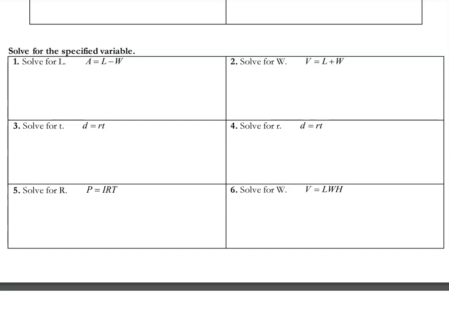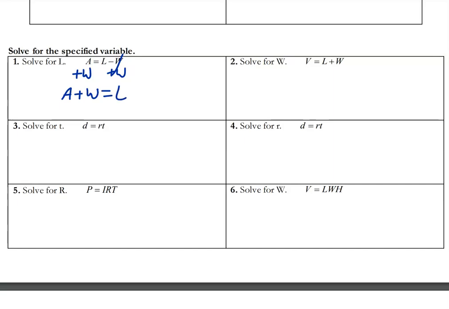You're trying to get L by itself. This time W is subtracting from L. So if I want to get rid of W, I'm going to have to do the opposite, which means I'm going to have to add W to both sides. Then that cancels this out. So now I just have A plus W is equal to L.